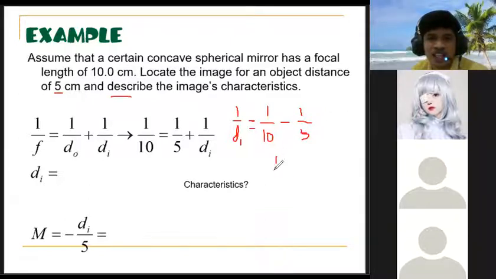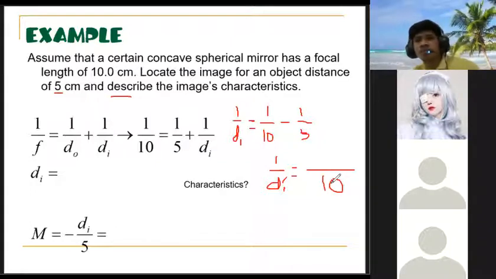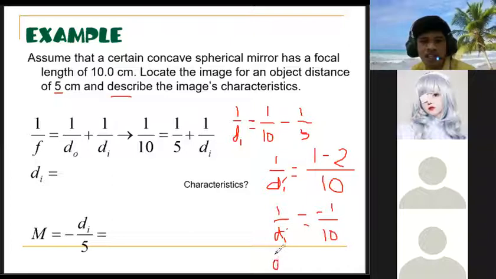So 1 over DI equals 1 minus 2 over 10, so 1 over DI equals negative 1 over 10.